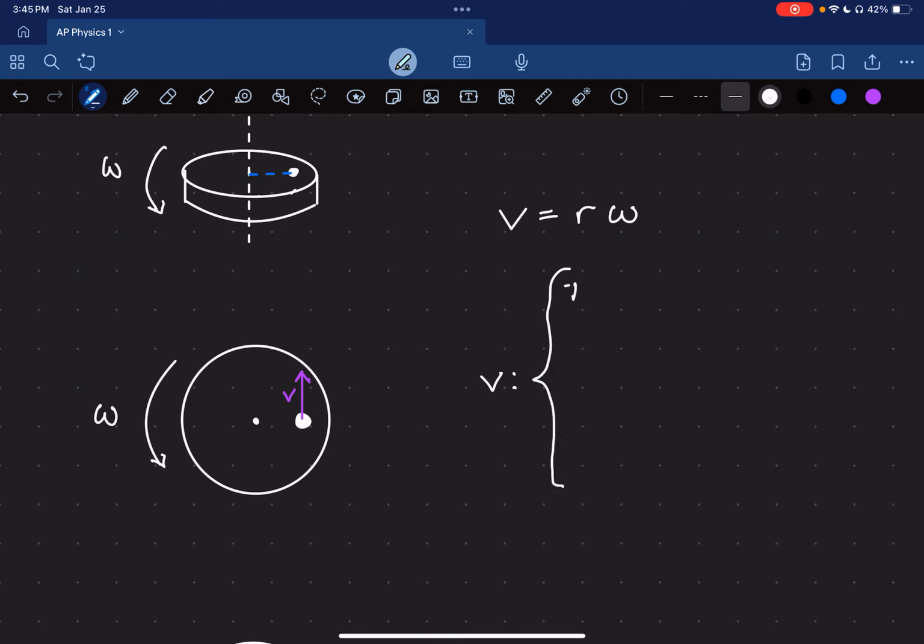So v, we can call this translational speed, or we can just call this speed. If in a question we ask how fast is it moving, we're talking about v.